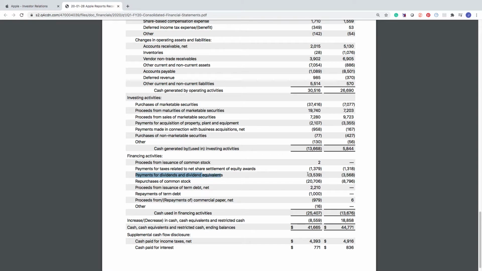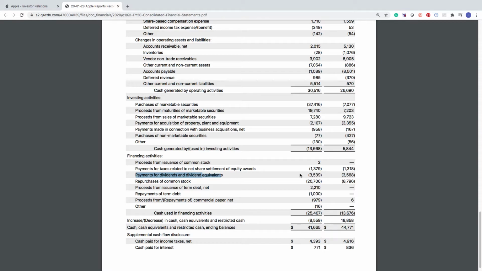Now, what are these? This is the money that Apple pays to the stock market investors who helped Apple raise money several years ago.